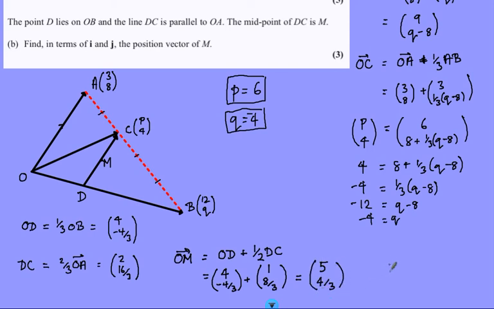So position vector of M, O to M, I found out is 5i and 4 over 3 j.